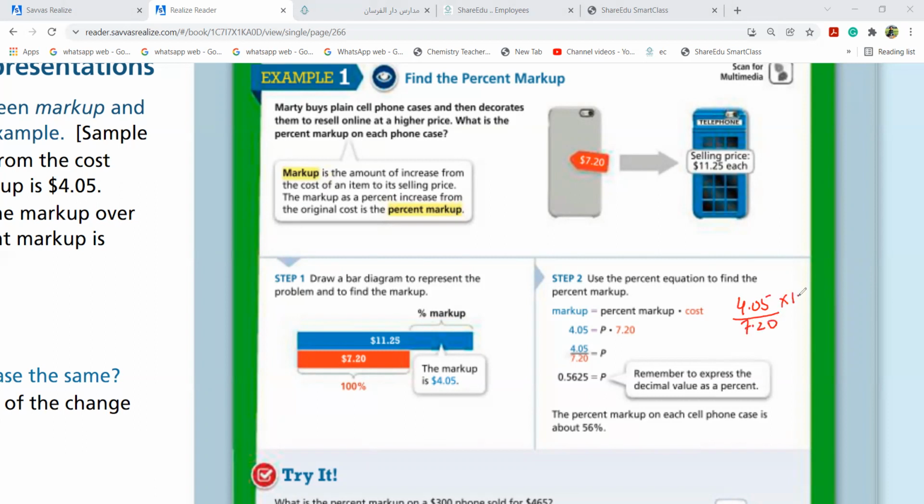And I told you multiply by 100 to get the percentage. You remember this? So if you do this, tell me what answer you are getting? You get 0.5625, multiply by 100. So you get 56.25%. I hope you're getting it.